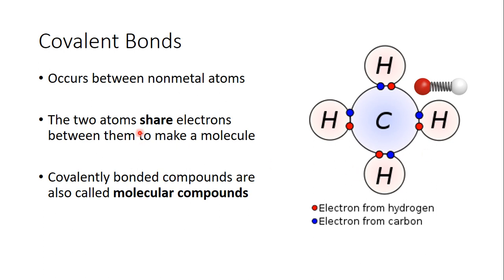So they share their electrons. And these covalently bonded compounds, we also call them molecular compounds. And you can think of this covalent bond as a spring holding these atoms together. Sure, they have some movement like in a spring, but they're stuck to each other, and it takes a lot of energy to break that spring.